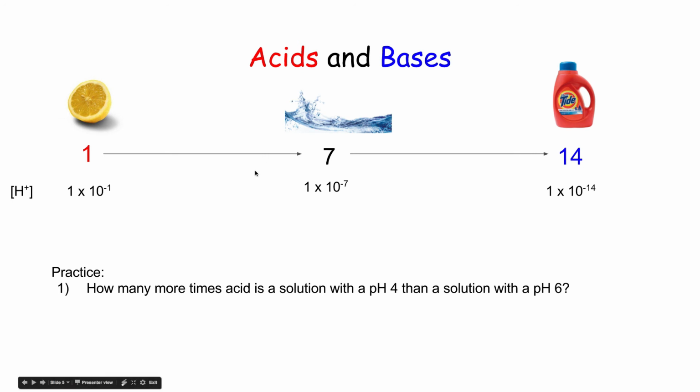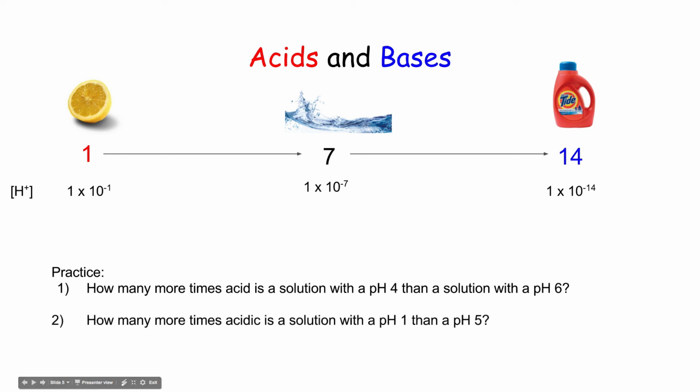First we go from 6 to 5, that's one jump, a 10-times difference, and then from 5 to 4, which represents another 10 times difference. To get the total amount that the solution is more acidic, you multiply the two. So it'd be 10 times 10. This solution, a pH of 4, is 100 times more acidic than a pH of 6.